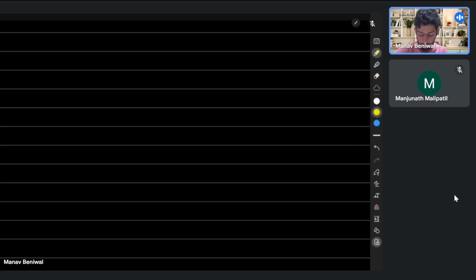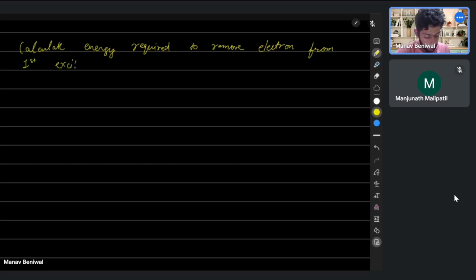The next problem: calculate the energy required to remove an electron from the first excited state of lithium plus plus.